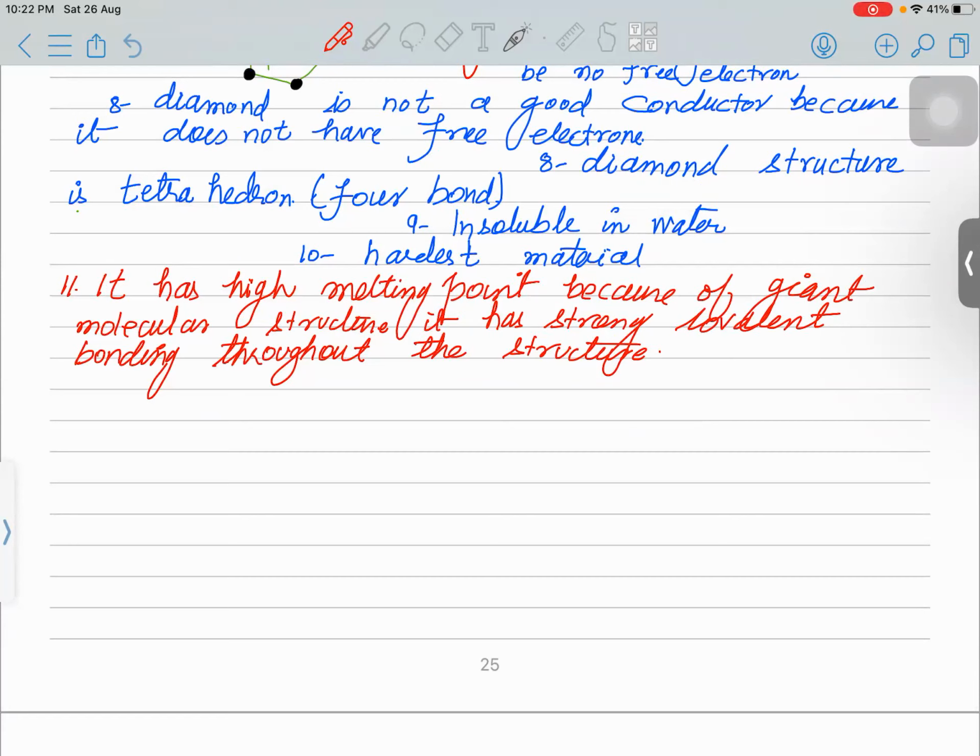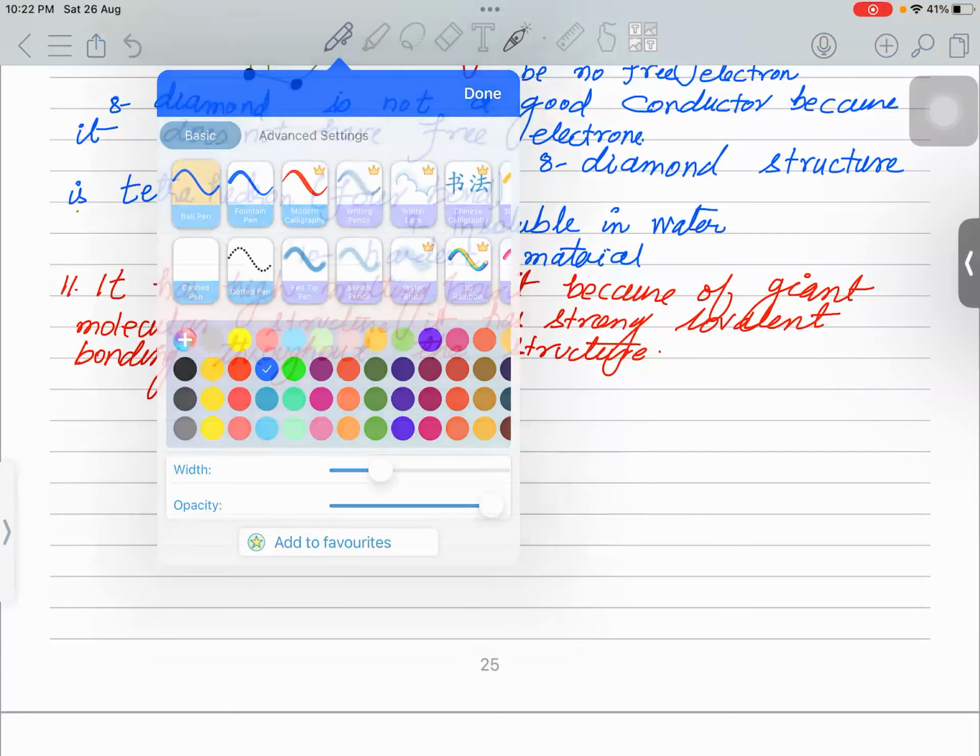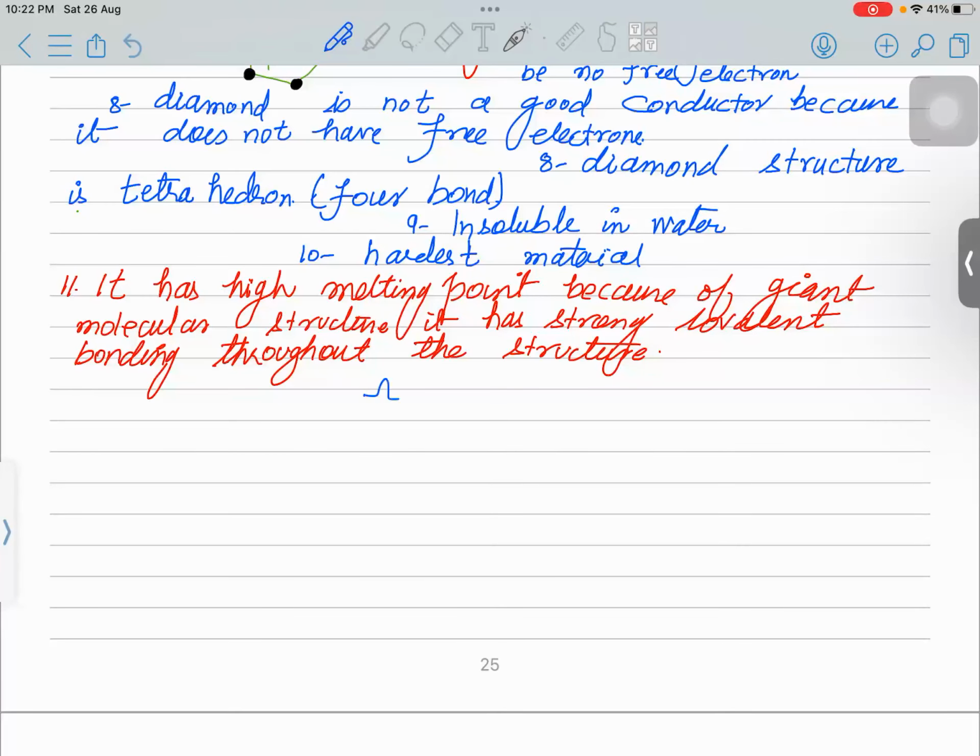Graphite is slippery because there is no strong force of attraction, only intermolecular forces between the layers. Diamond has no intermolecular forces and no van der Waals forces.